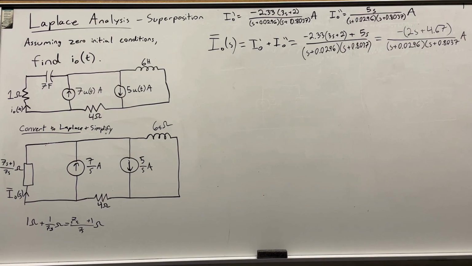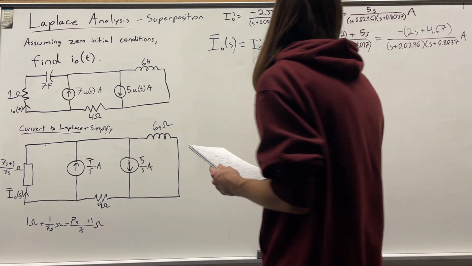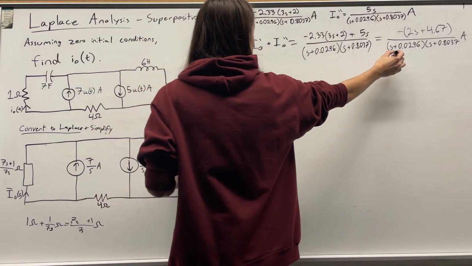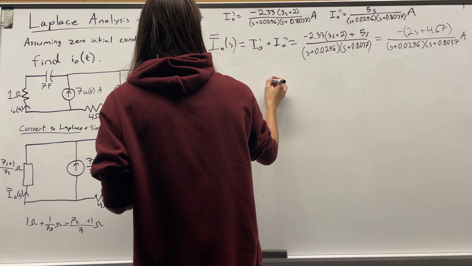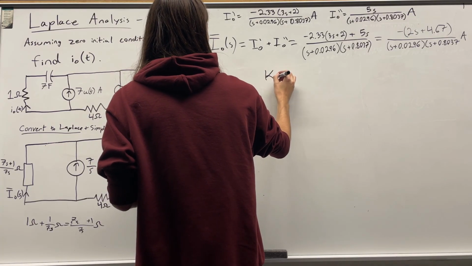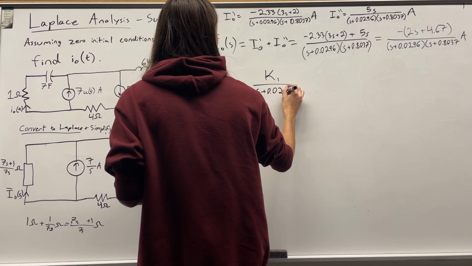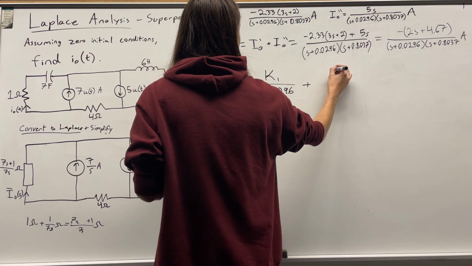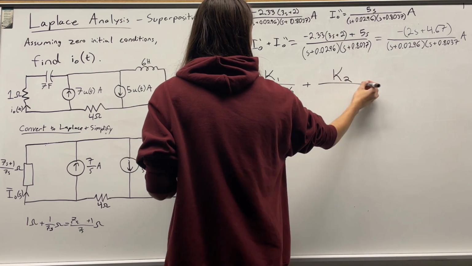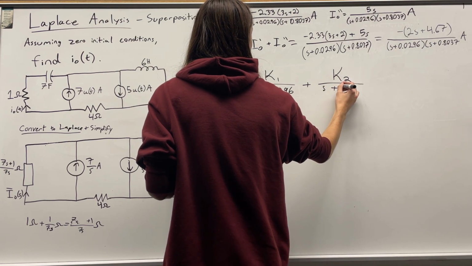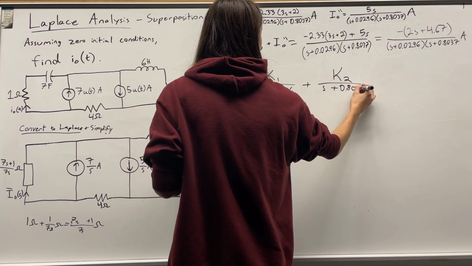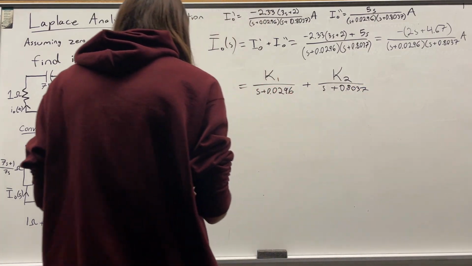Now we need to find the partial fraction expansion so that we can take the inverse Laplace transform. So say that this is equal to K1 over S plus 0.0296 plus K2 over S plus 0.8037. Okay.